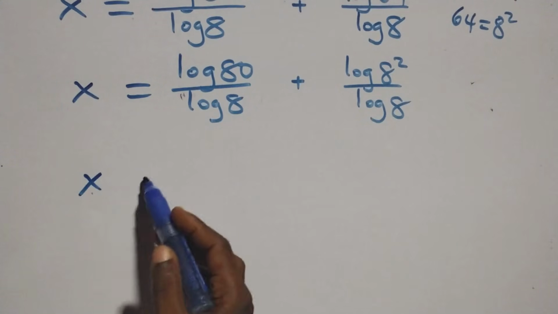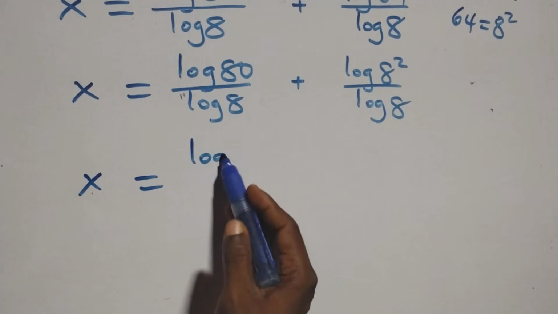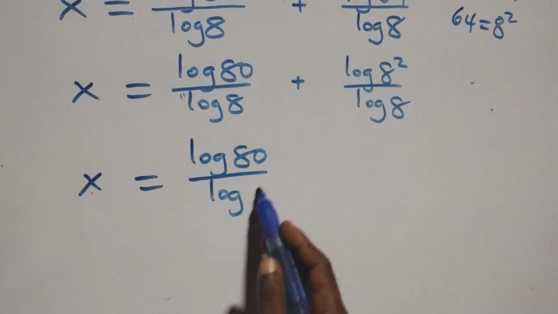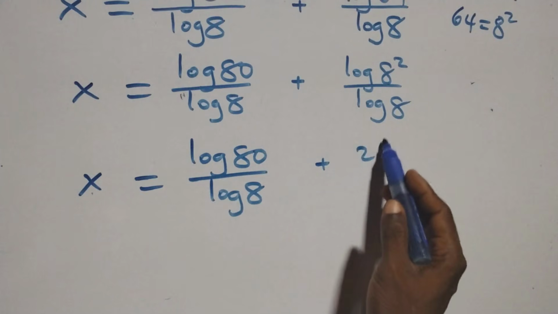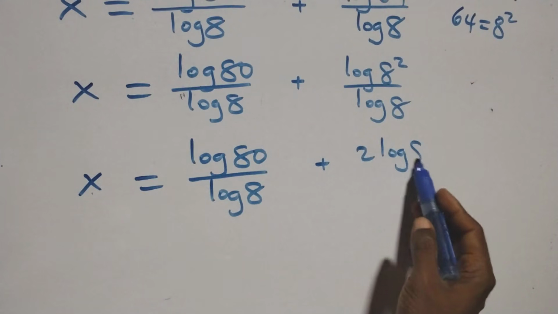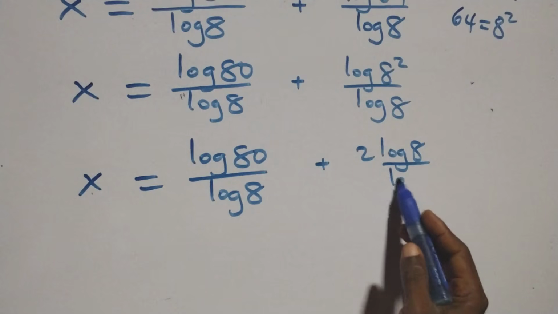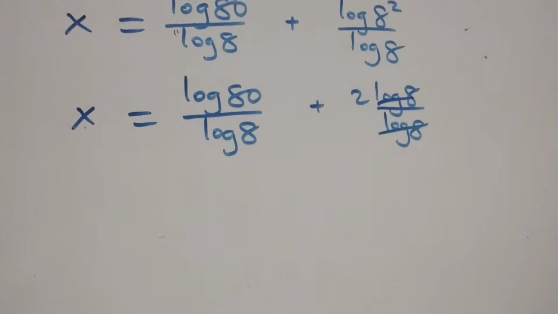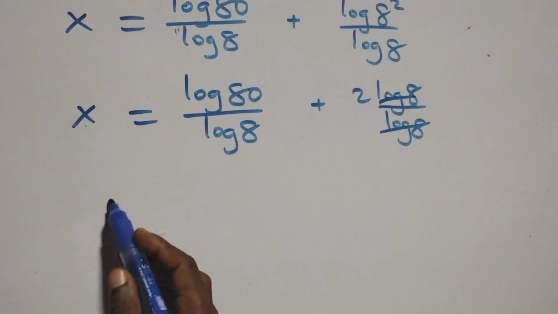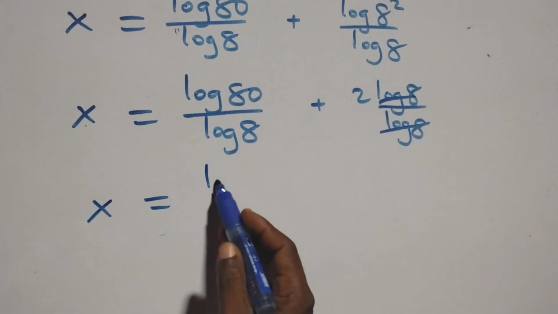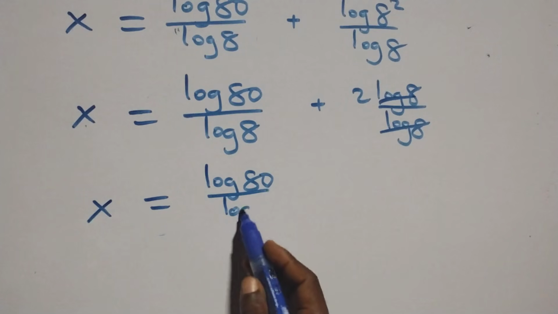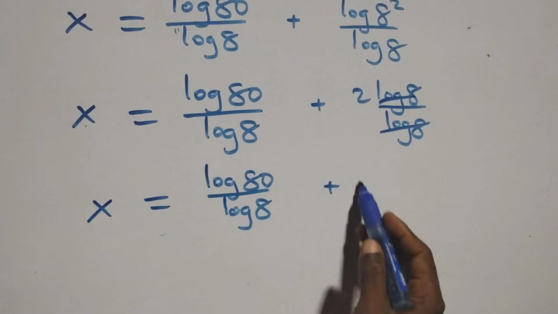This becomes x equals log 80 over log 8 plus 2 log 8 over log 8. Log 8 cancels each other here. We have 2 left, which implies x equals log 80 over log 8 plus 2.